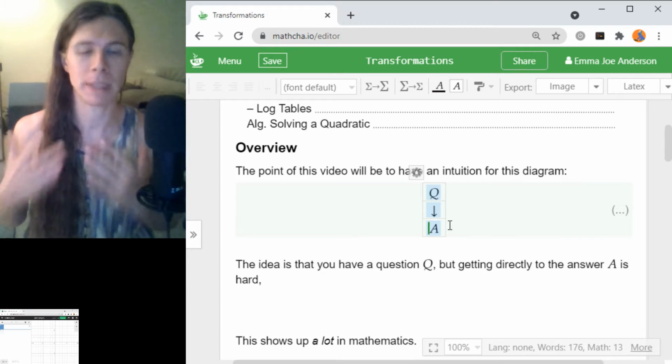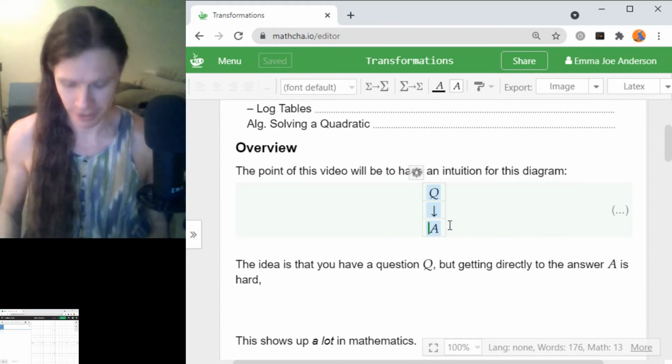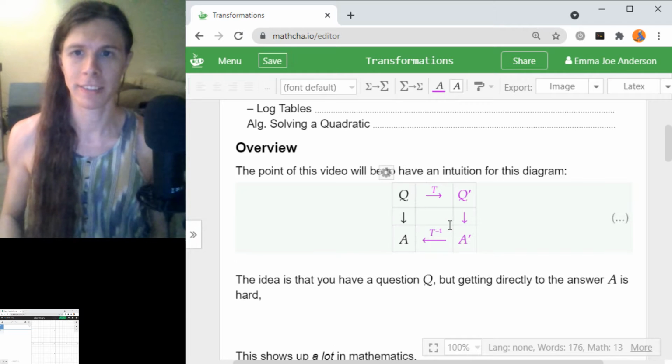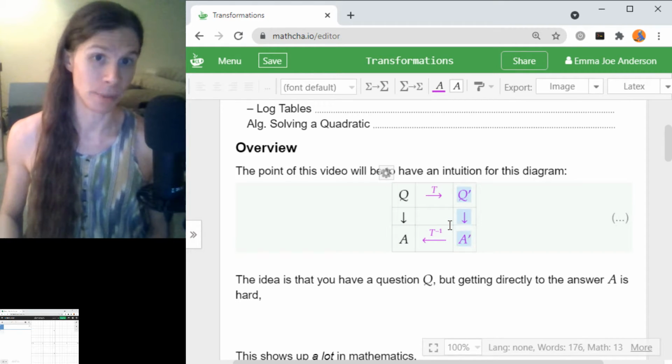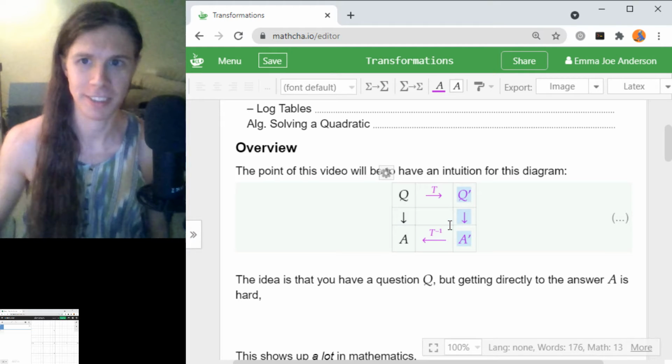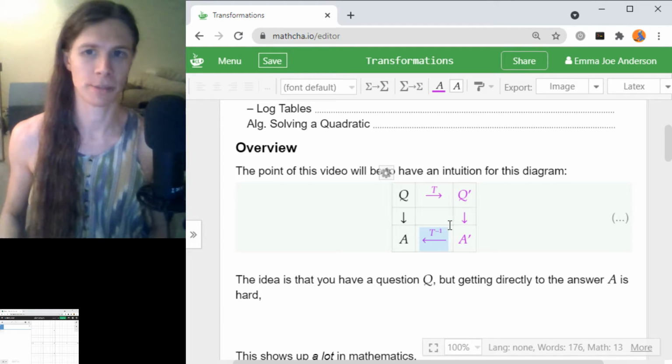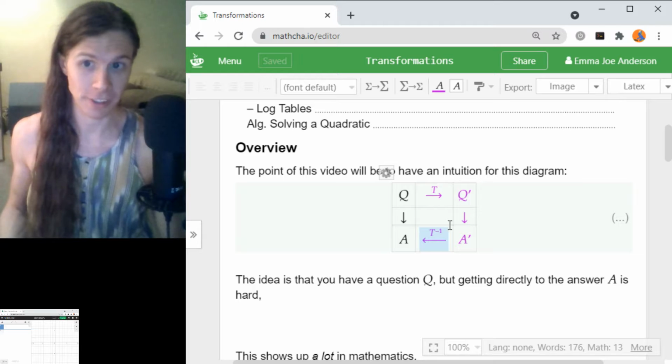There's some means by which you go from question to answer. And instead, we're going to transform the question into some other question, solve that one in a different space, and then undo the transform to get back the answer we actually want.